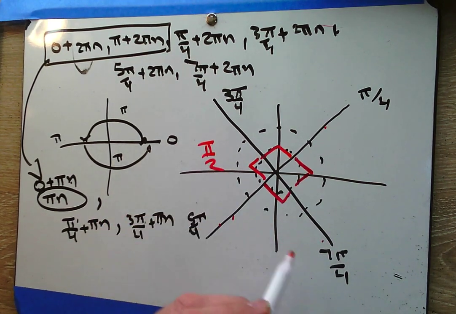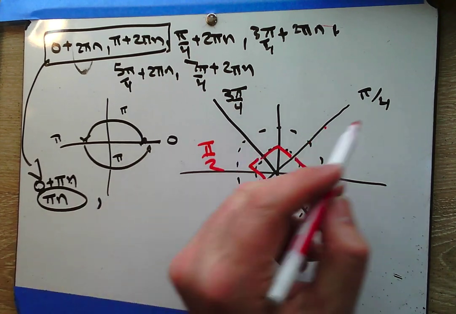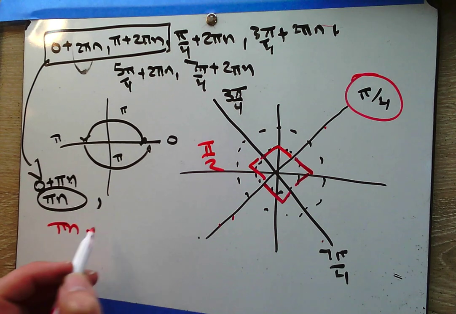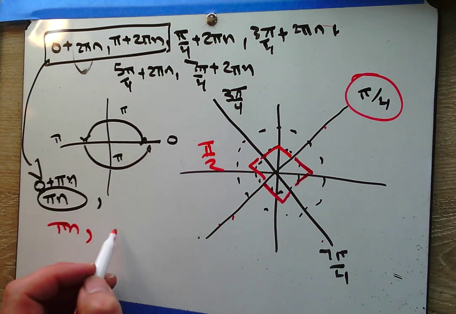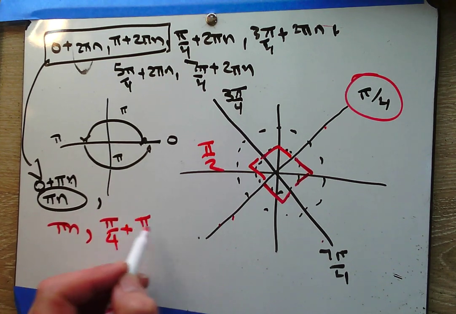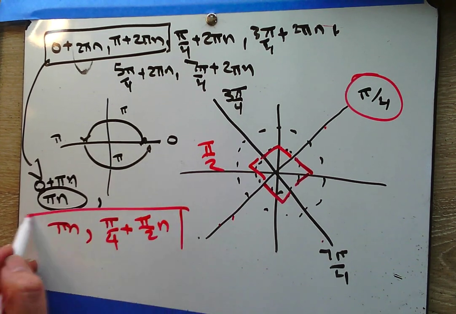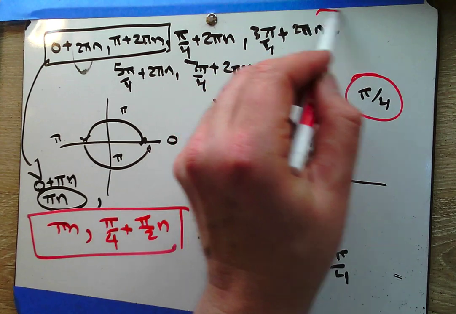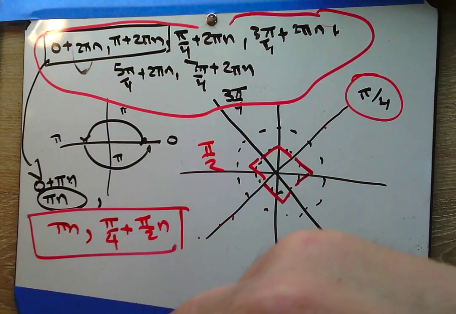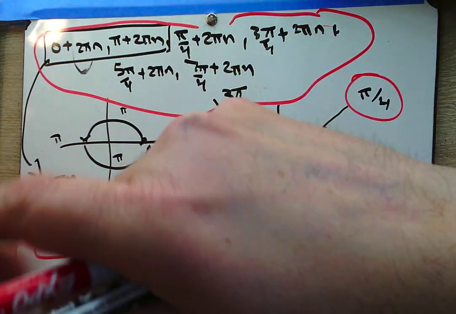I could add pi over 2 each time. And just write one of them. So my all solutions answer would be pi n and pi over 4 plus pi over 2 n. That's a lot less writing than all this writing. Okay? Okay.